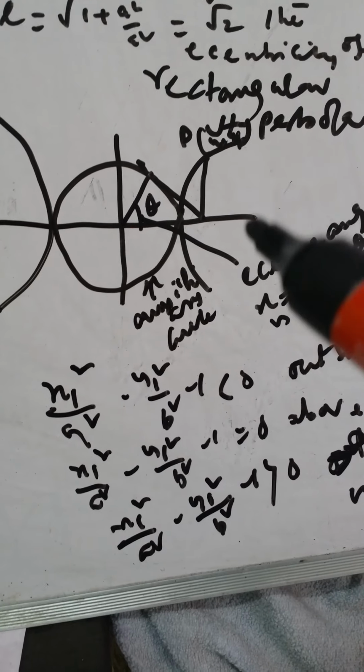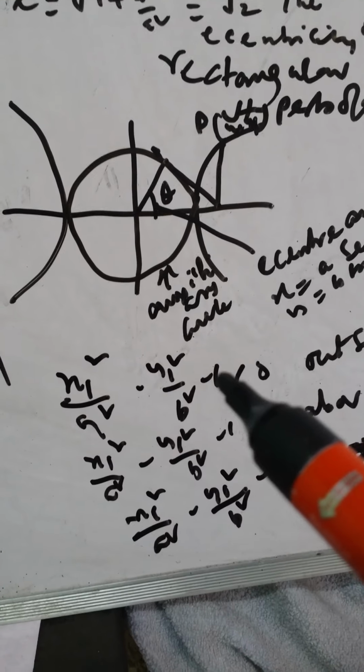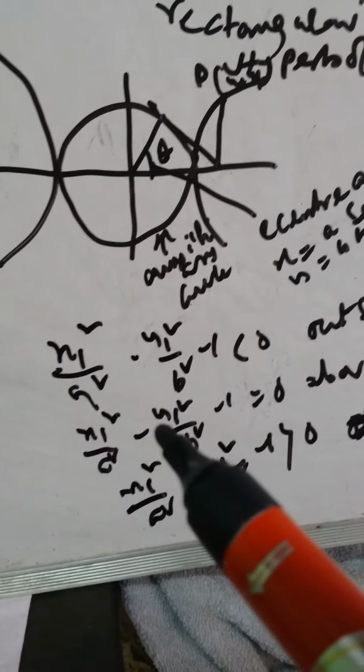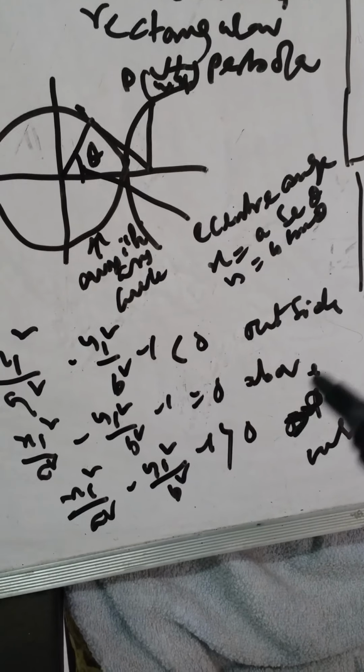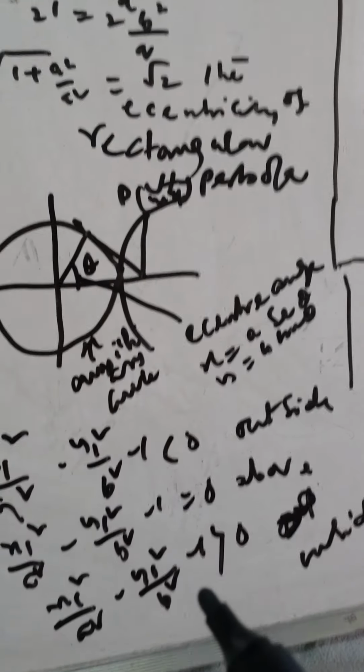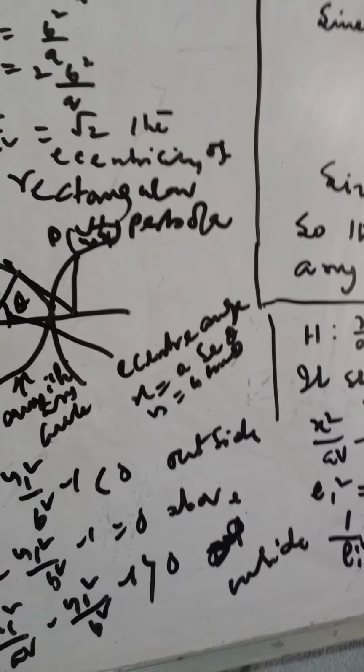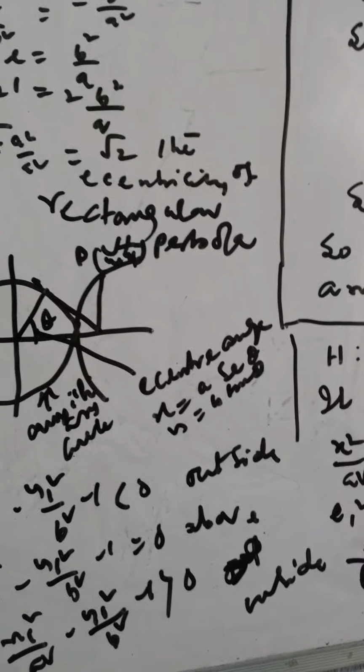In case of ellipse and parabola, outside is greater than 0, but in case of hyperbola, if less than 0, then the point is outside of the hyperbola, equal to 0 on the hyperbola, and if greater than 0, then inside the hyperbola. Okay, thank you so much.